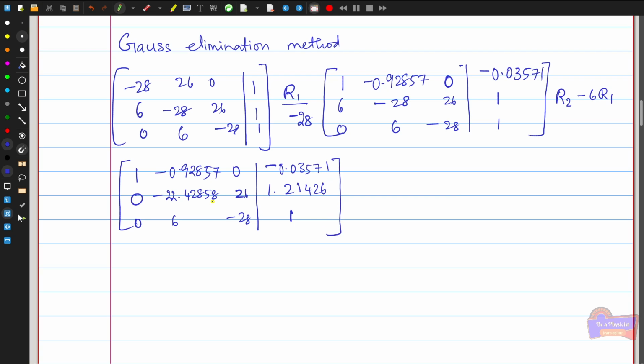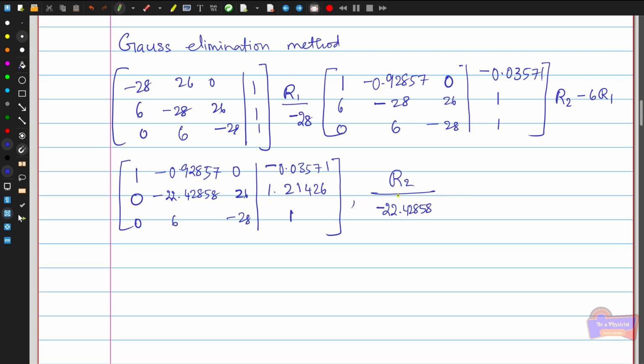Okay. Now again I want to make this term 1, so that I can just divide this element by this value, so R2 divided by minus 22.42858.